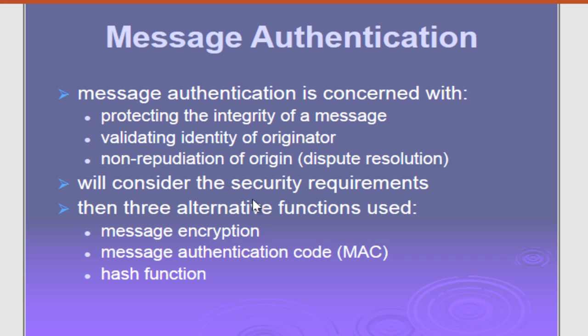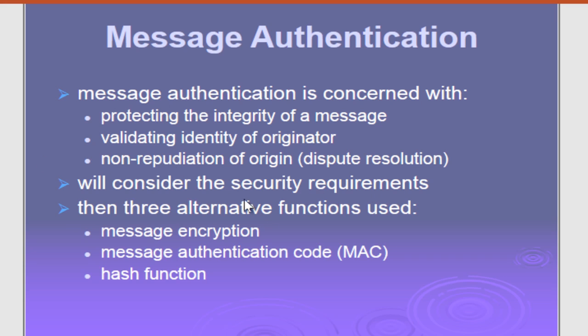If it is simple symmetric encryption, the conflict resolution people cannot give a decision, because the message could have been encrypted by either the sender or the receiver. But if you use this MAC, you can clearly decide who provided, who created, who encrypted this message. So this is non-repudiation of origin.